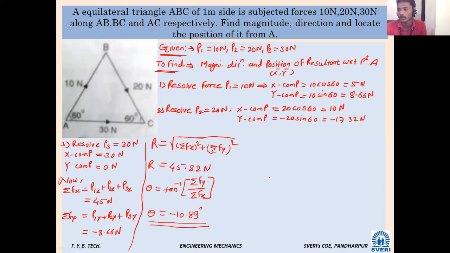The angle is minus, so how do we show it? Clockwise. If the angle is negative, then clockwise.